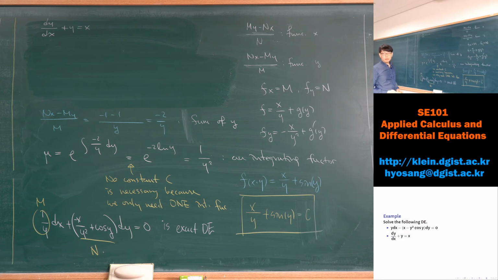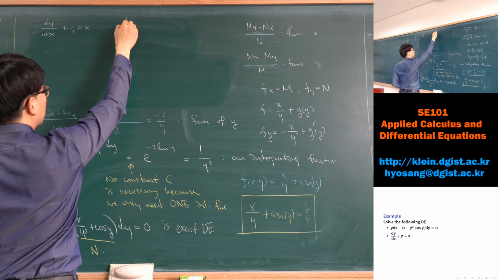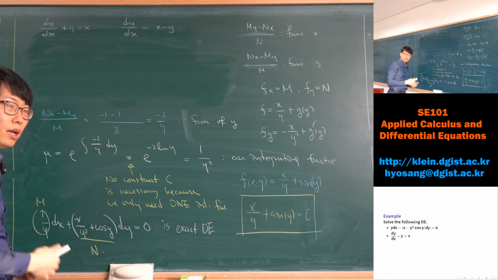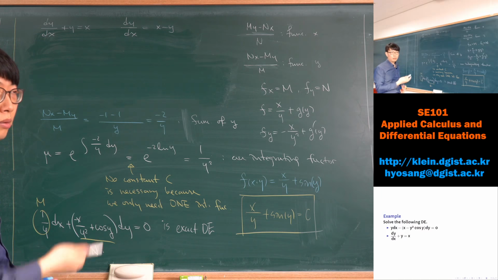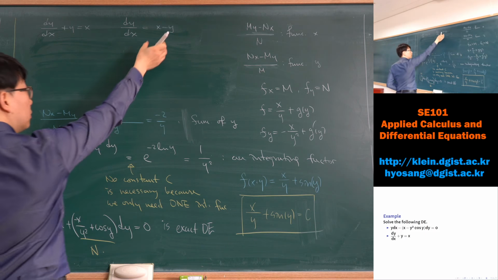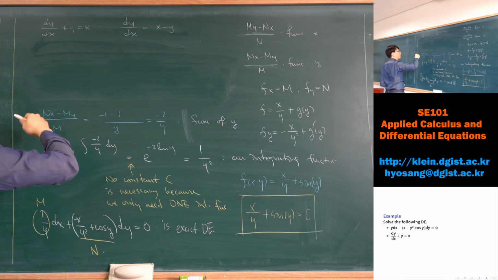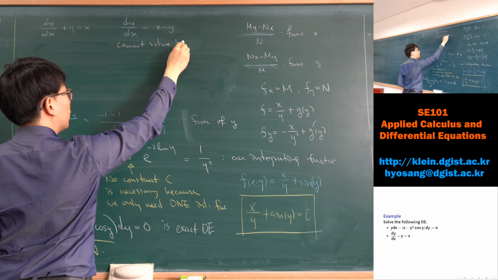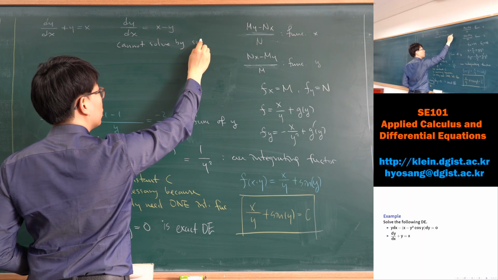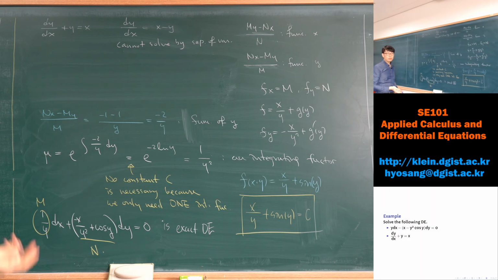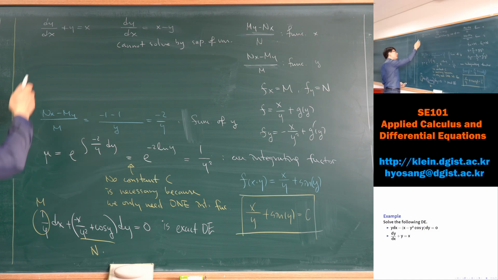Now, it seems like you can solve this by separation of variables, but you can't, because if you take dy/dx equals x minus y, you cannot separate your x terms and y terms by multiplication. It's just integrated in one factor, right? So it cannot be solved by separation of variables. So you have to use the exact formula or an integrating factor in that case.